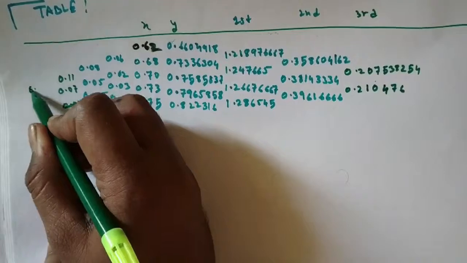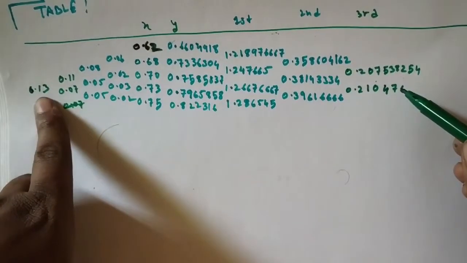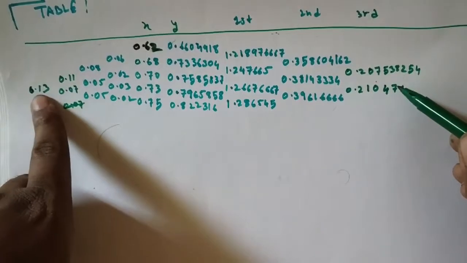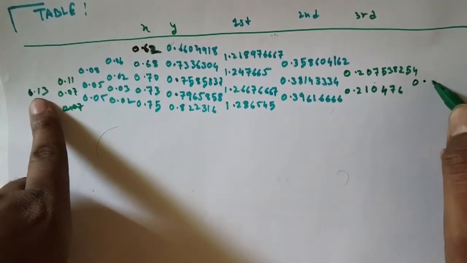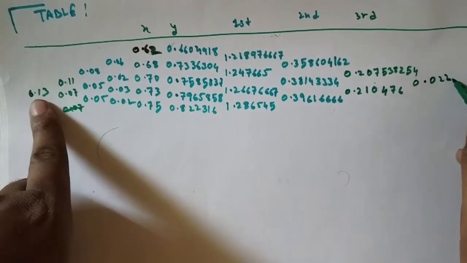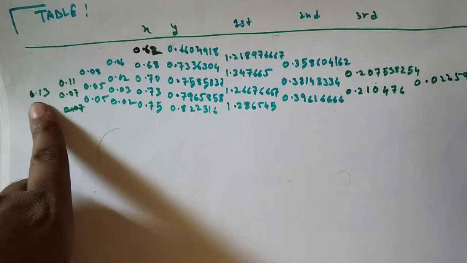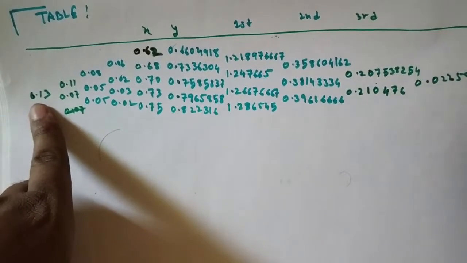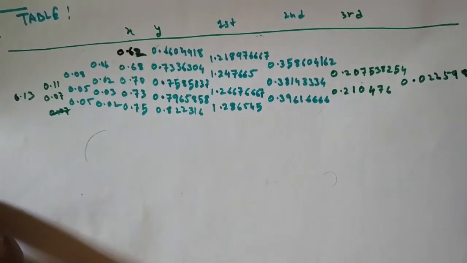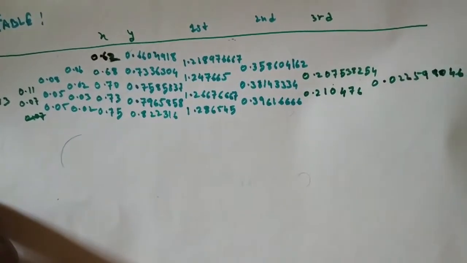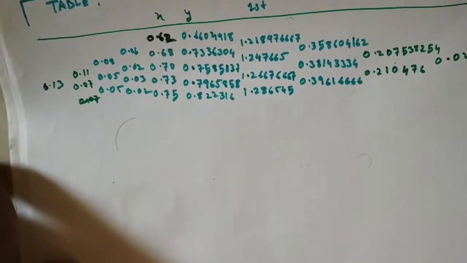To do that we need to find the denominator. So using these two values and this denominator, we derive this fourth order term. Since these parts are similar, I am avoiding them, because if I explain everything, then the video will be large. I want to keep it small but understandable.